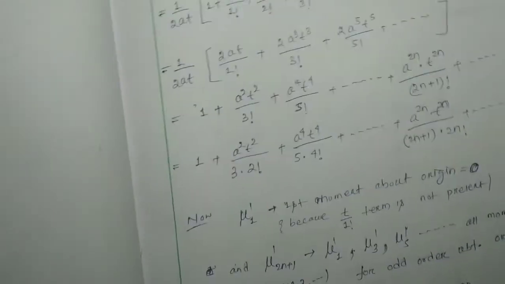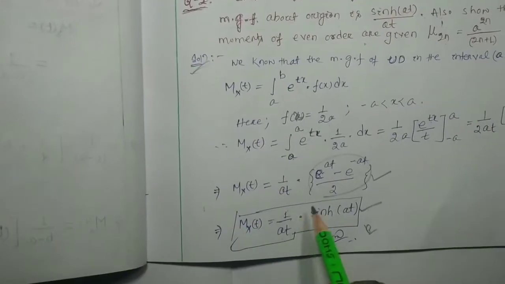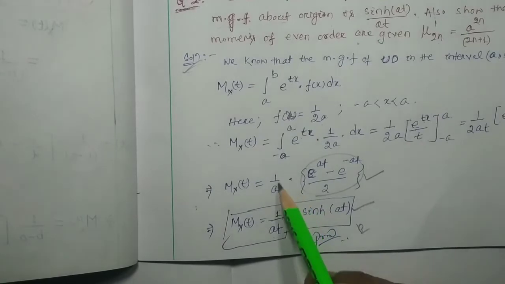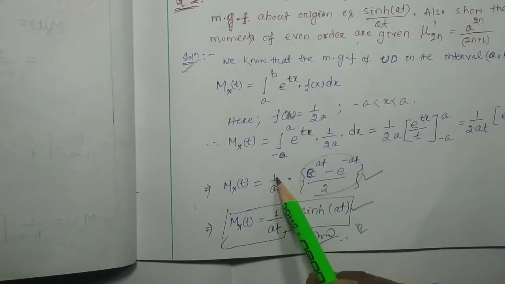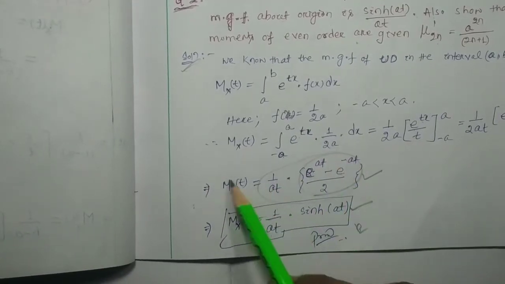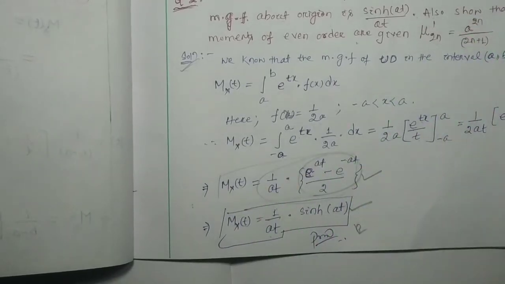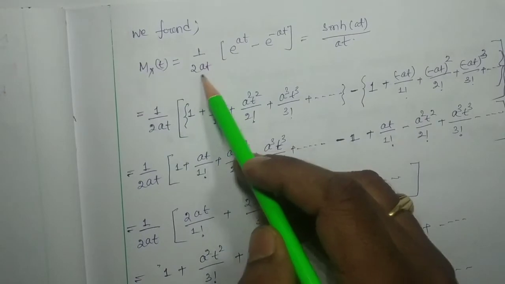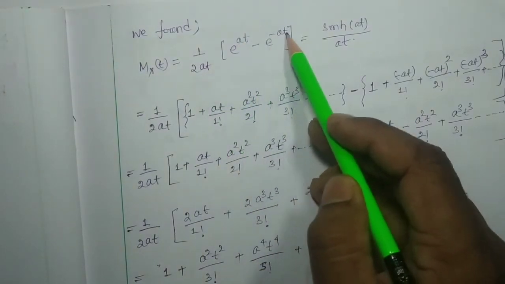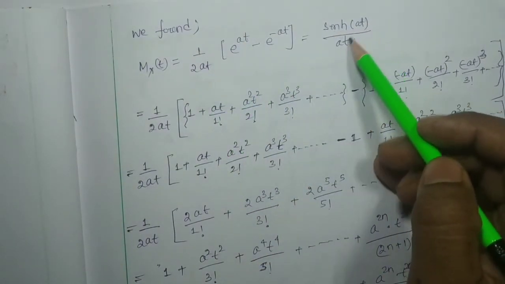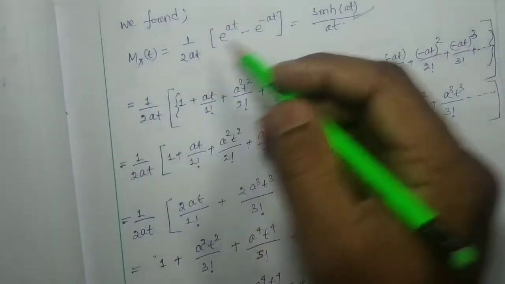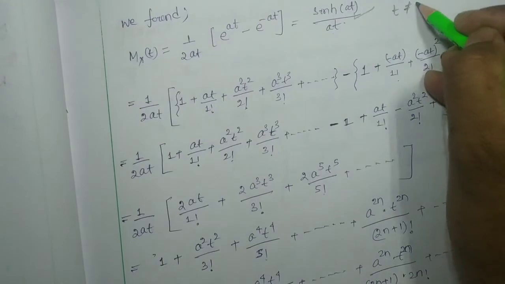Just now we found the moment generating function M_X(t) is 1 by 2at into e to the power at minus e to the power -at, that is sinh(at) by at. The same thing I have written on the next page. Here t is not 0, we could not put t equal to 0.